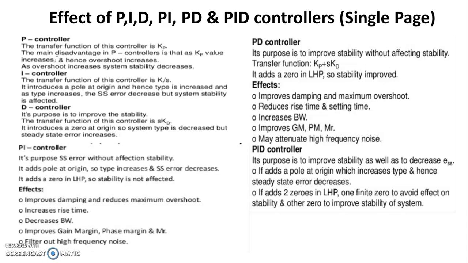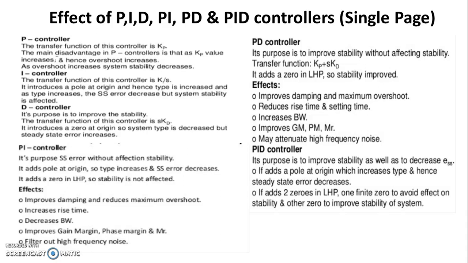And when you are taking only the D controller, the derivative controller, generally we won't use it. It is rarely used, or used only in combination with P or PI. The purpose is to improve the stability and the transient response. The transfer function is S into K, because it is a derivative.